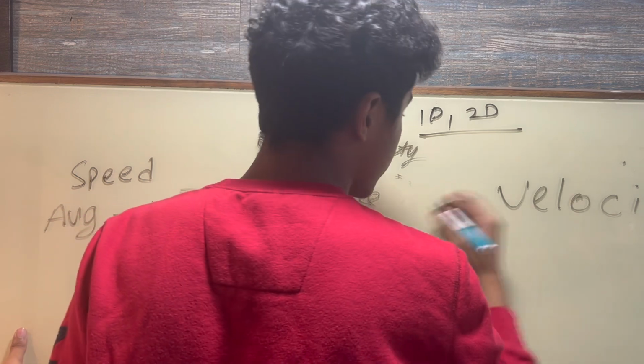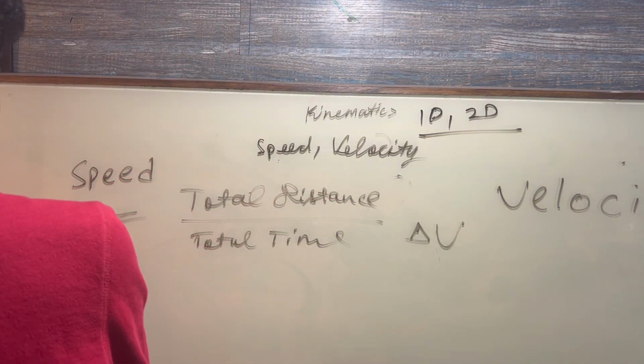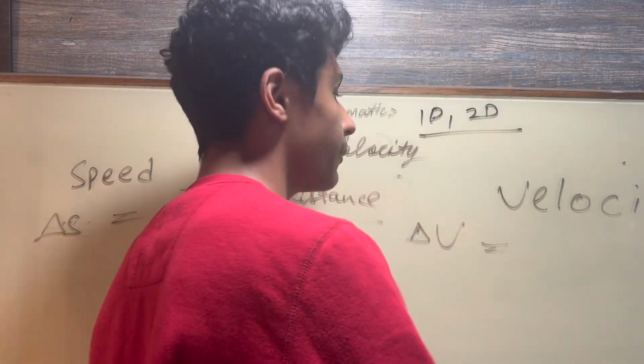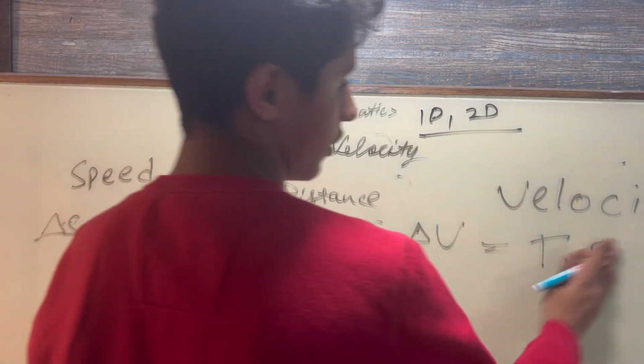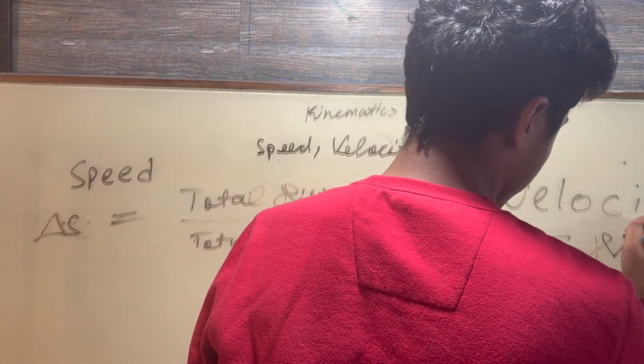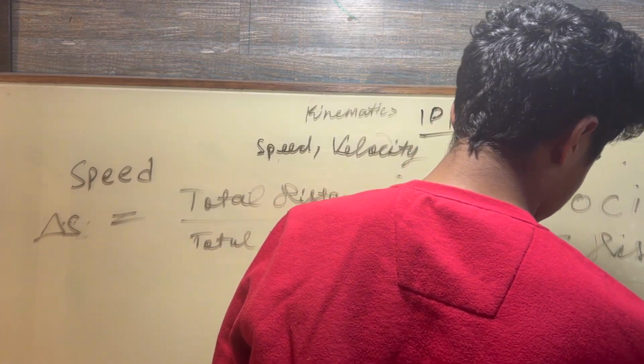Velocity, on the other hand, is represented as delta S over delta t, which would be total displacement over total time.